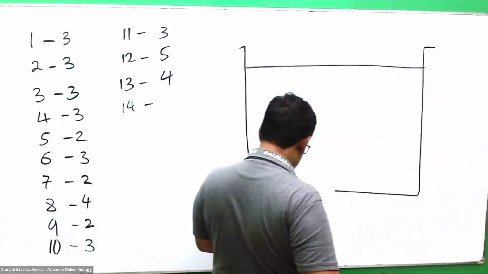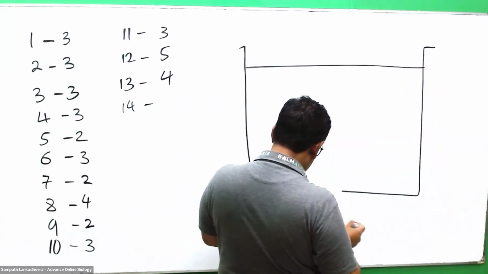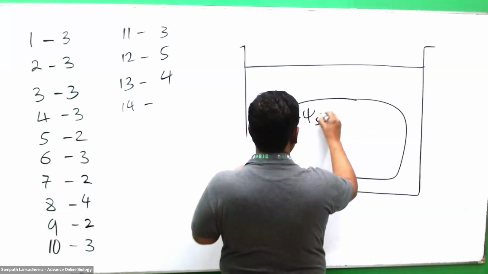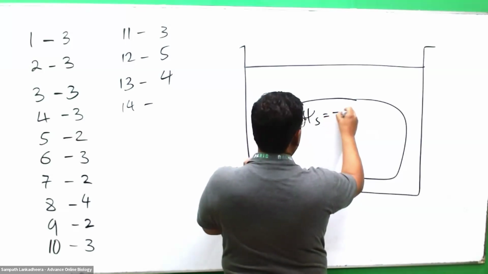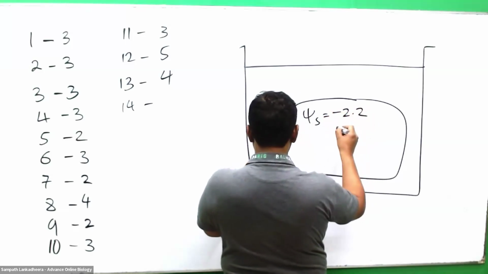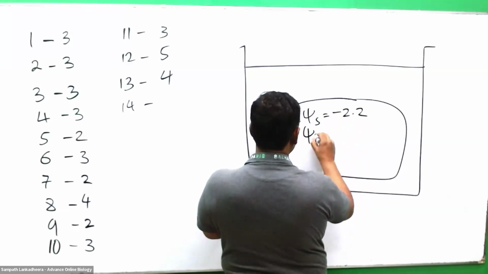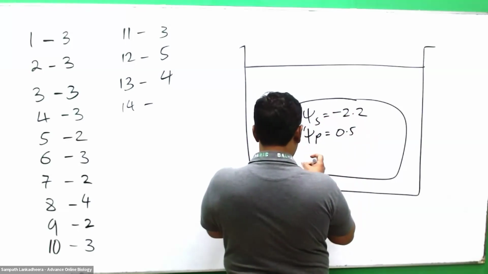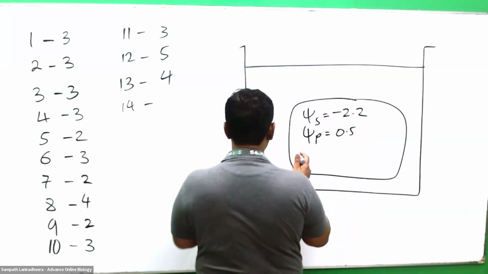What they say: a plant cell having psi s value minus 2.2 megapascal, pressure potential psi p 0.5 megapascal, placed in sucrose solution.